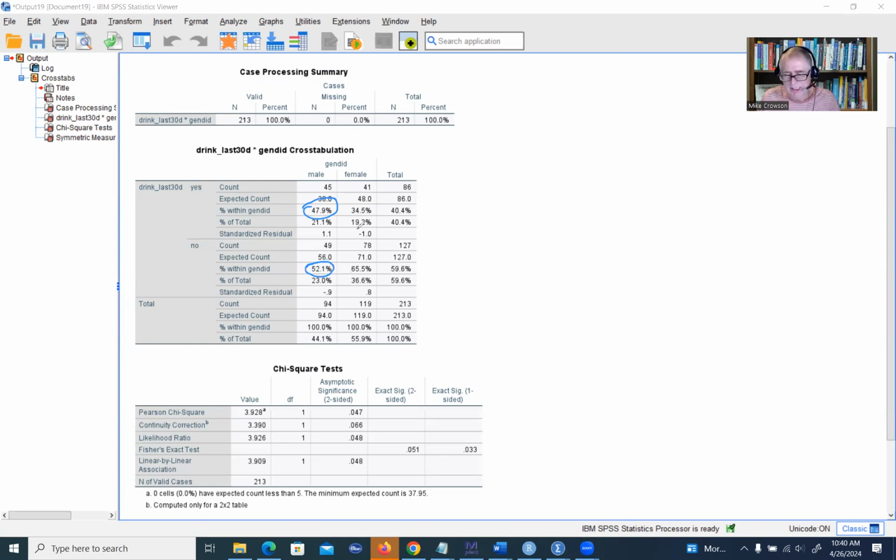If we draw a person identifying as female at random from the population, then that individual would have a 34.5% chance of saying yes to that question, a 65.5% chance of saying no.